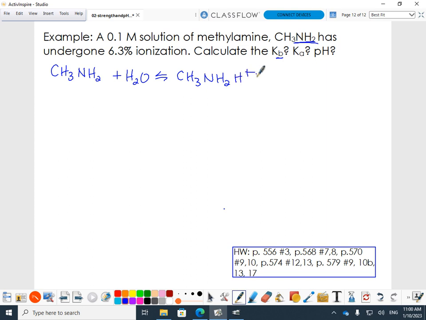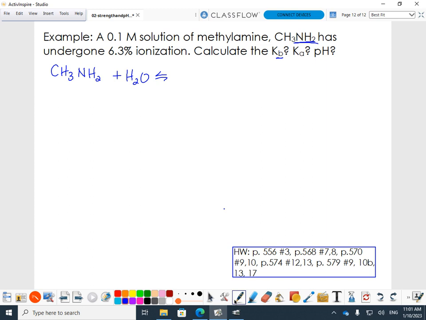Just put the hydrogen with it. Similarly to the COOH, this CH3 is boring. The nitrogen is where it's at. It's got the extra lone pair that the hydrogen, the proton, can be attracted to. That's where the hydrogen would be accepted.